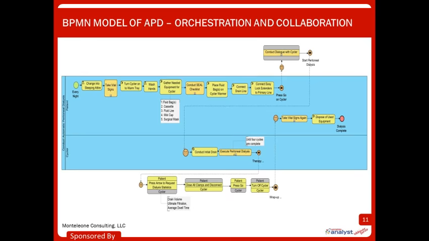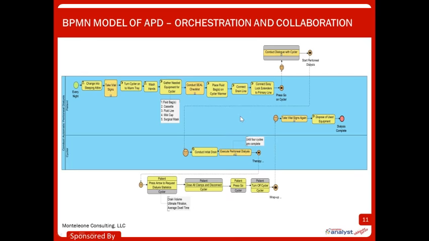So orchestrations are inside these pools, but if we want to send a message over to an outside process, that's called a collaboration. And those are very necessary things to have if we want to model a process, particularly in today's world.